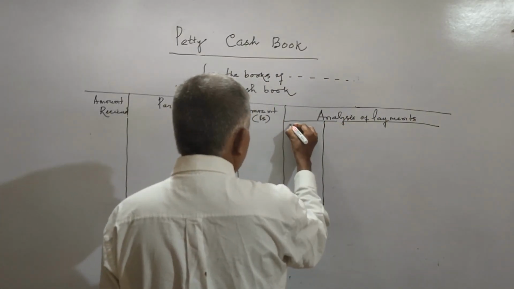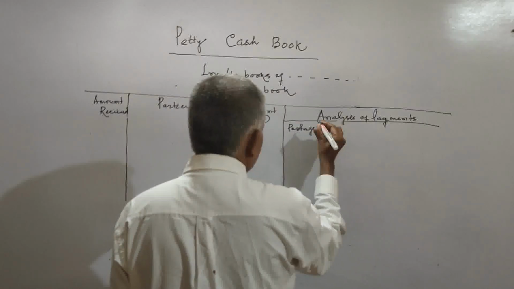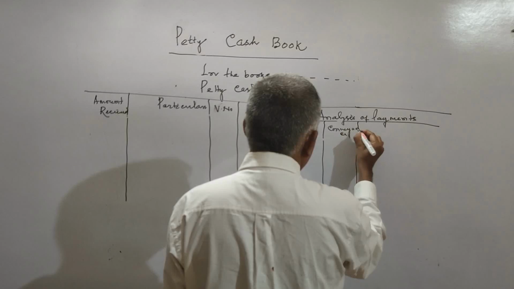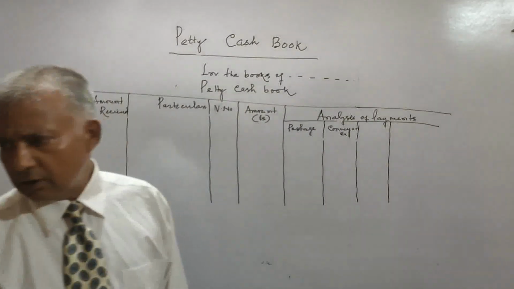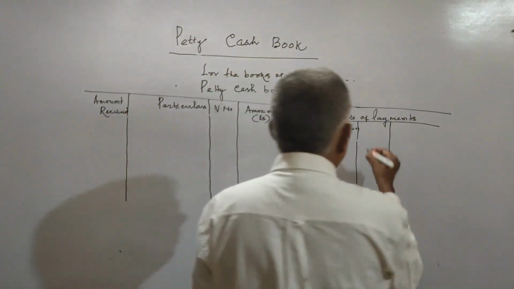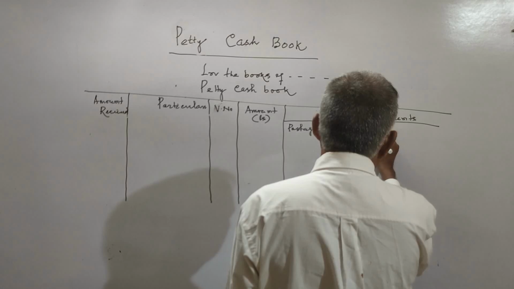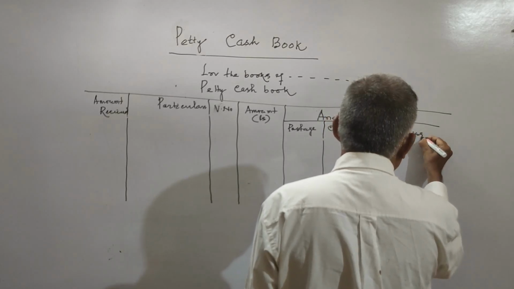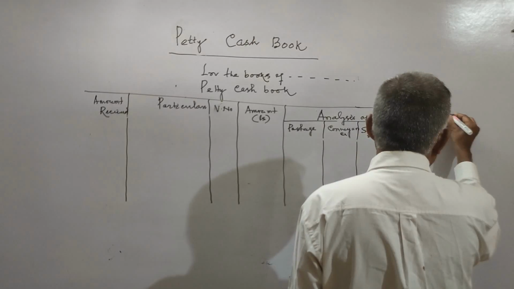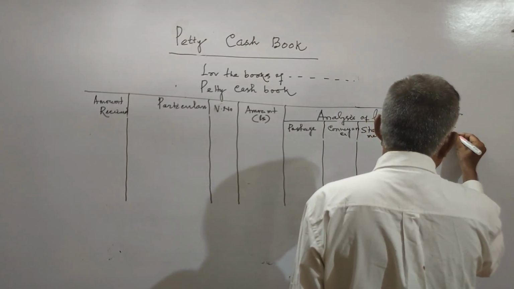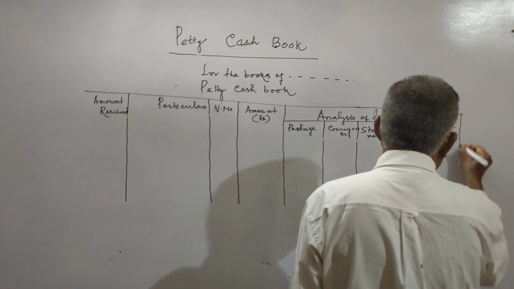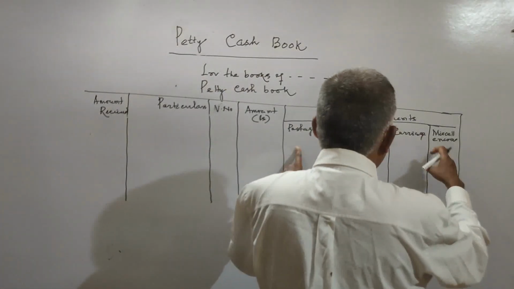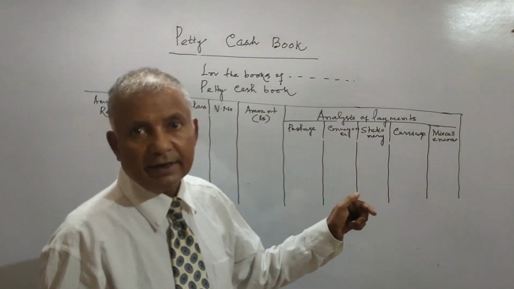Under the analysis of payment, we can write postage, we can write conveyance, we can write other items like your stationery, we can write carriage, we can also write miscellaneous, similarly we can write more columns also. As we are analyzing the payments, therefore this is called analytical method.